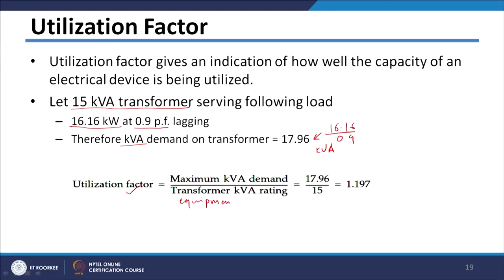So, for this particular transformer the utilization factor will be the kVA which is served divided by the rated kVA. It may be more than 1 or less than 1 depending upon how much loading is happening on that particular equipment.